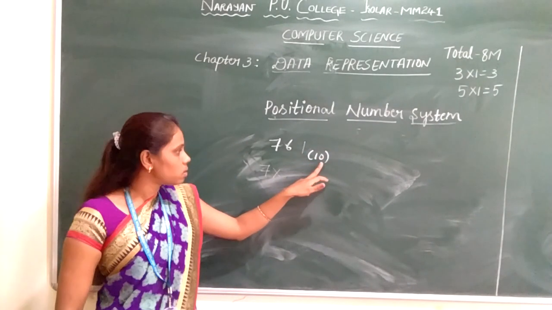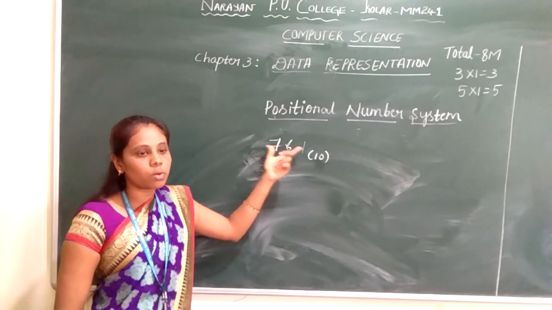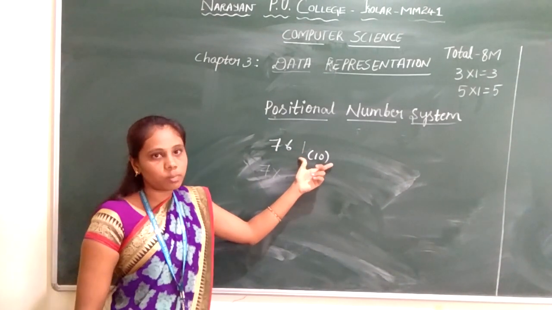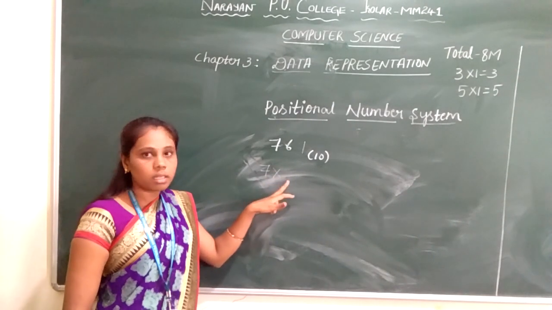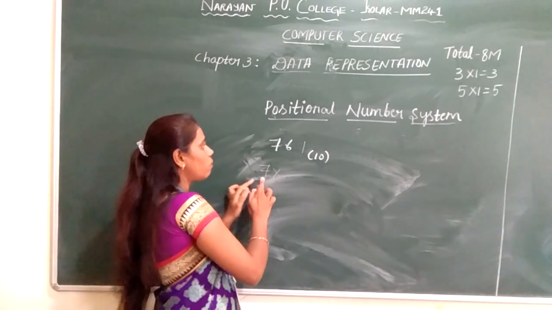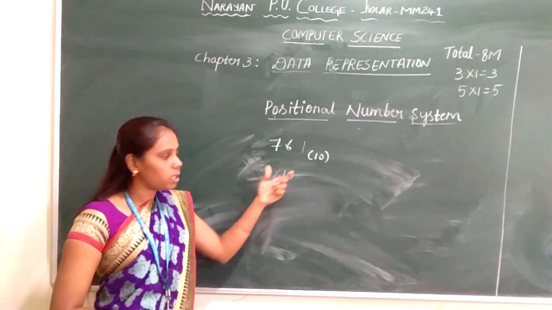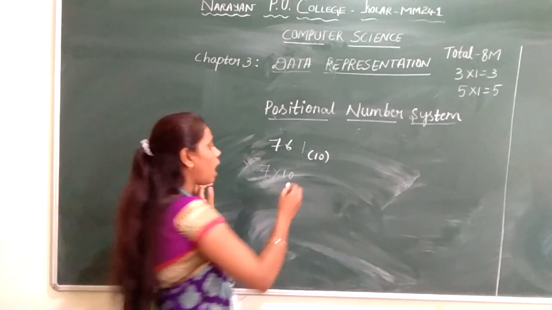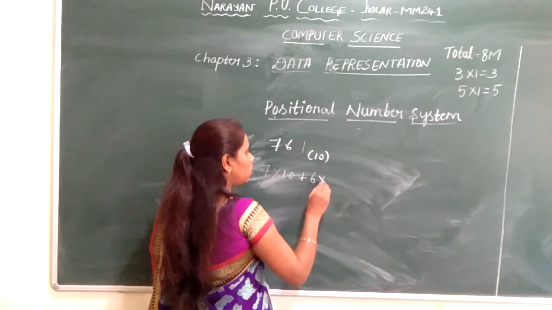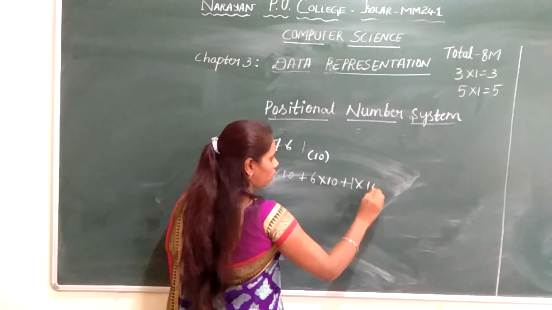Because this is a decimal base and we are using the digits from 0 to 9. Hence I am taking the base as 10 and now I am representing this in the expanded form. So 7 into 10, always it is represented as powers of 10. Decimal values will be represented as powers of 10, plus 6 into 10, plus 1 into 10.